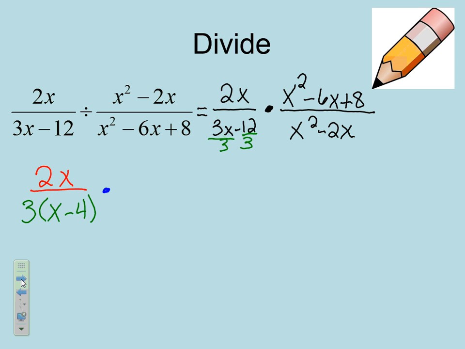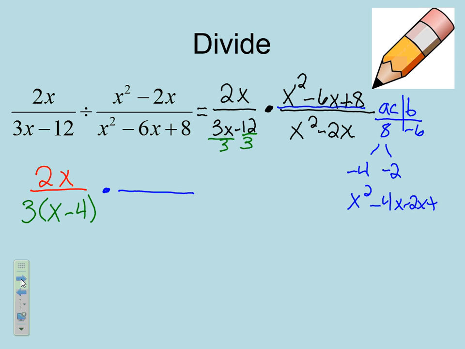Times, on the top here we have 3 terms, so we have to use the AC method. So I'm going to do A times C has to add up to B. 8 to negative 6. Now 8 has to turn into a negative, so I have to use two negative numbers. I'm going to use negative 4, negative 2. So we'll get x squared minus 4x minus 2x plus 8.